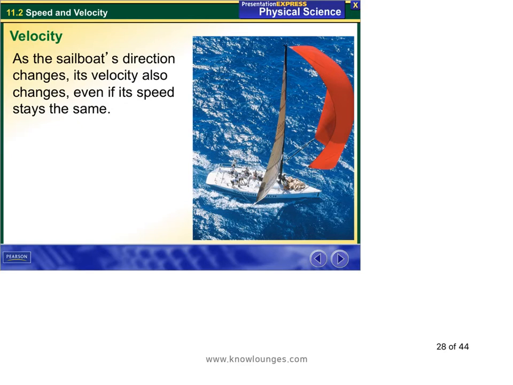So, a sailboat, as it changes directions, its velocity is changing, even though its speed is not changing. If the direction changes, its velocity also changes, even as the speed stays the same.